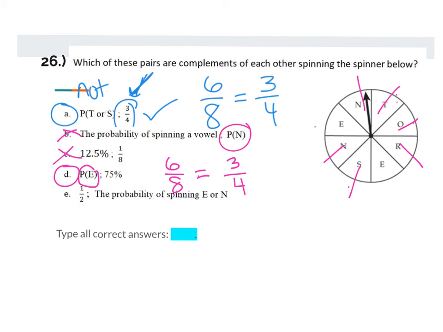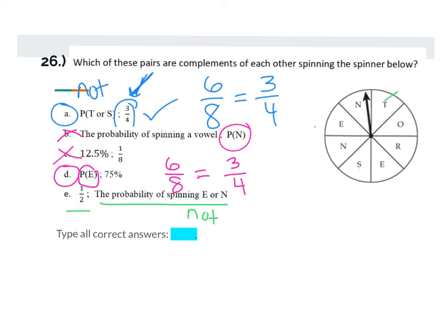Those are complements. Now E, it says 1/2 and the probability of spinning an E or an N. So again, I like to look at the words and do the opposite of that. So it says the probability of spinning an E or an N. So let's say a not E or N and see if we get 1/2.